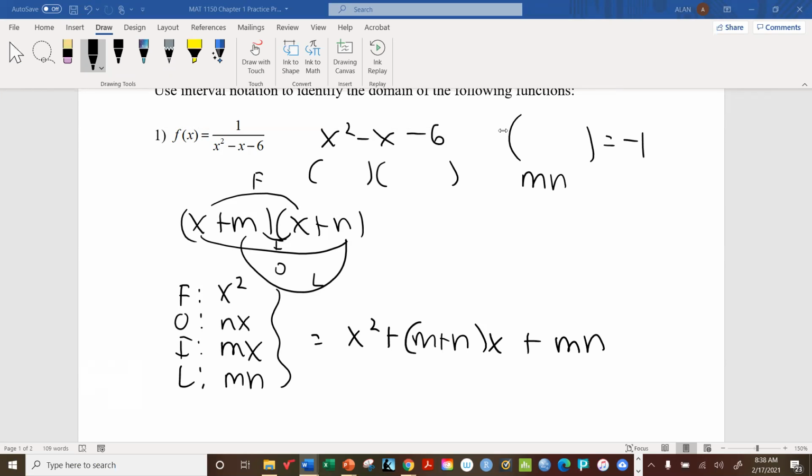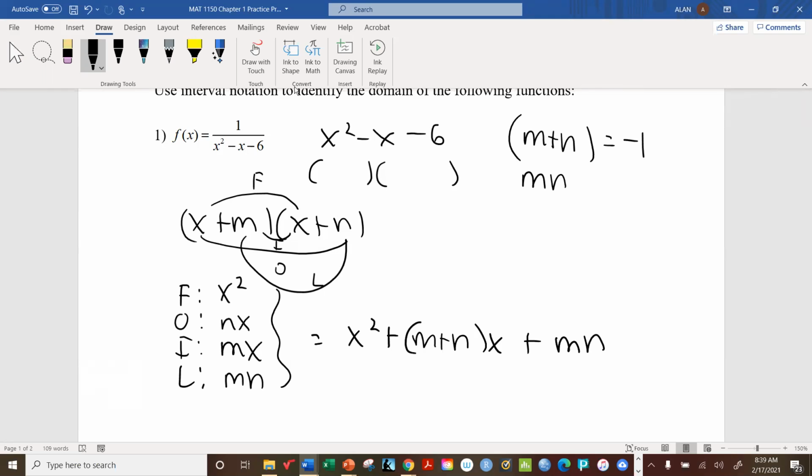What I'm basically doing is showing you algebraically the middle term of the polynomial, and then the last term is mn. So basically, you would make an X diagram to find what two numbers add to the middle term, but also multiply to your last term.